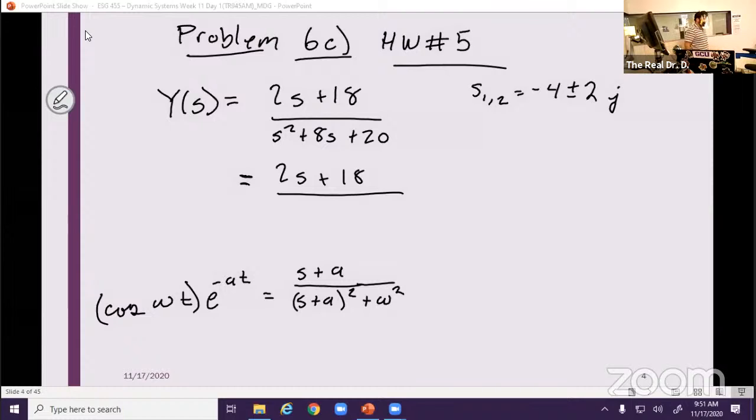If I'm remembering that correctly, Dr. D should have pulled the Laplace transform table for this, but that should be for cosine e to the negative at.